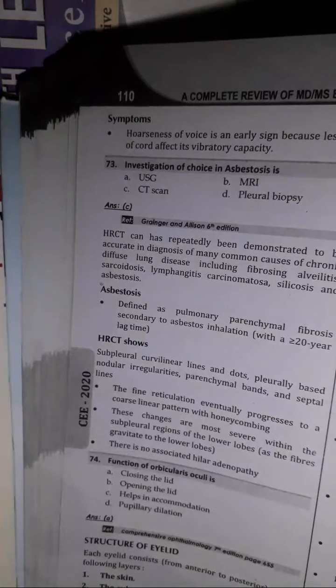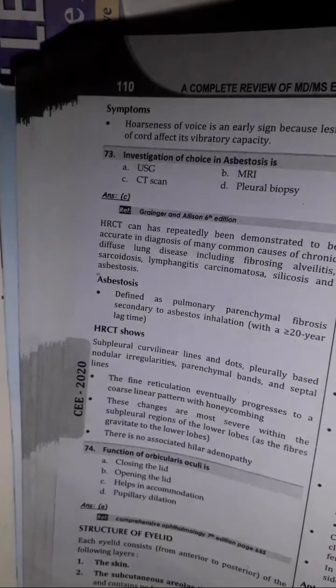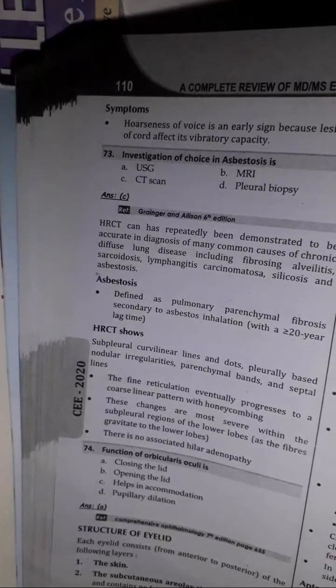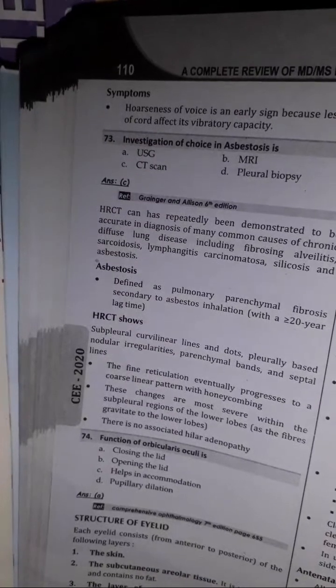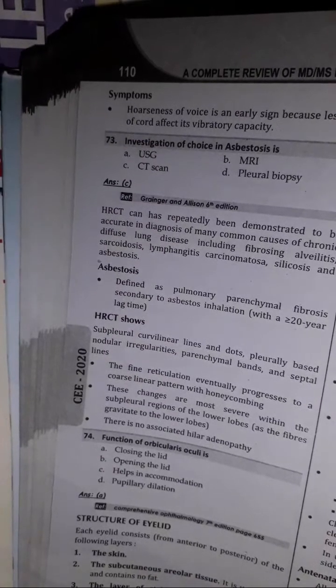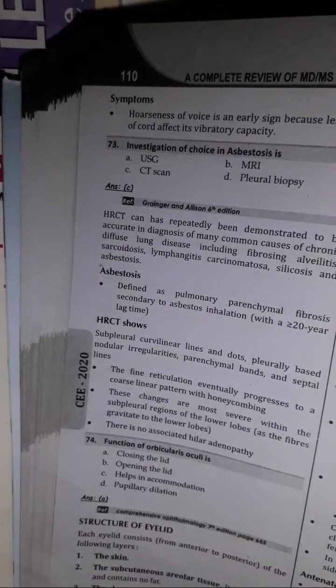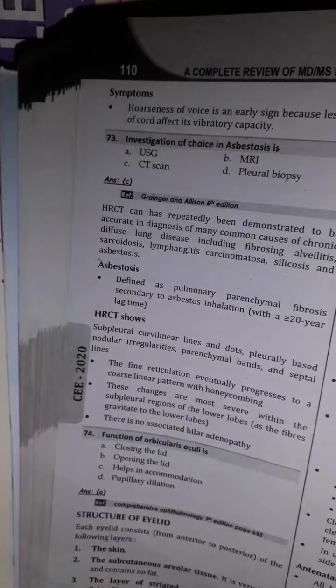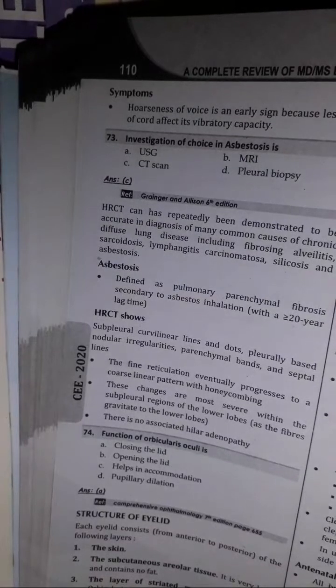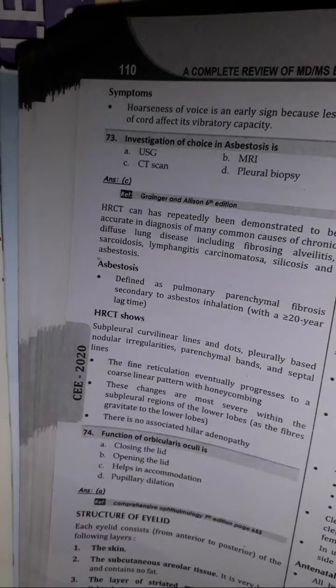The second one is: function of orbicularis oculi is closing the lid, opening the lid, helps in accommodation, pupillary dilatation.